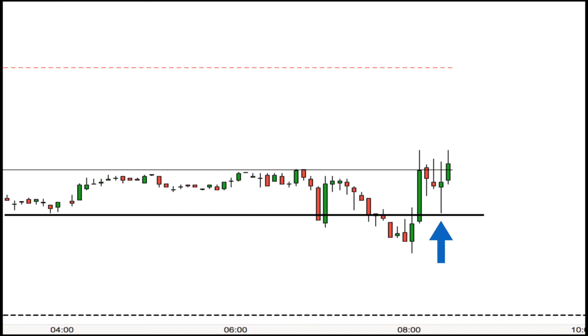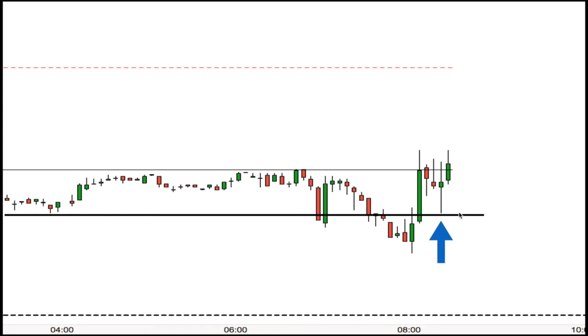Where would my risk be? Okay, so my risk is going to be down here, potentially somewhere. Could be here. In this case, I'm going to be looking to be prepared to put my risk here. There's a good reason for that, because there's a support line here which has acted as support in the past and been tested in the past.